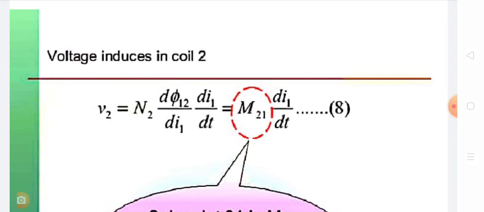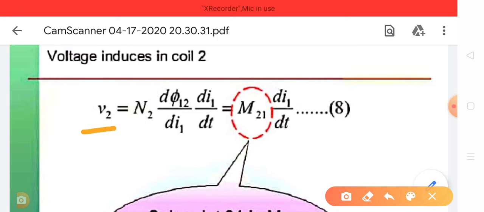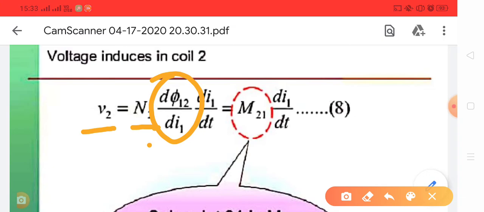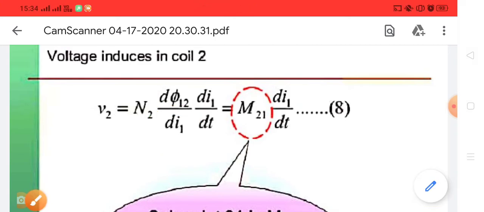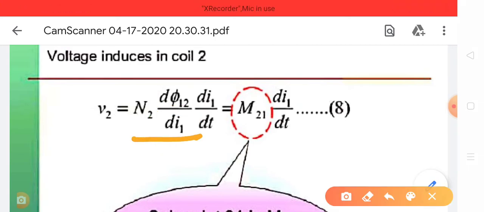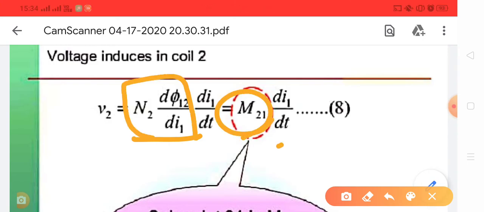Next, if you see the second coil, the voltage in the second coil is V2. The number of turns in the second coil is N2, and the flux in the second coil based upon the current I1 is dφ12/di1 into di1/dt. Here the φ12 value is produced due to the current I1. So I can write N2 dφ12/di1 as M21, since φ12 is common for both the first one and the second one.